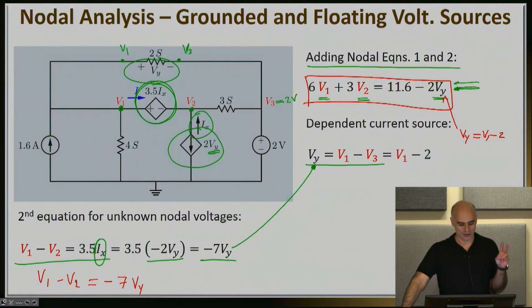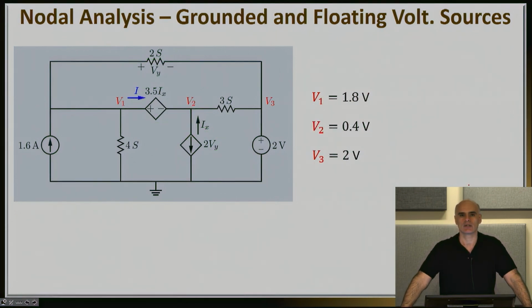So two equations, just two unknowns, V1 and V2. I can go ahead and solve them using either the matrix form or substitution or any other methodology you want, and you will find once you do that V1 is 1.8 volts, V2 is 0.4, and of course V3 is 2, which is what we already knew.